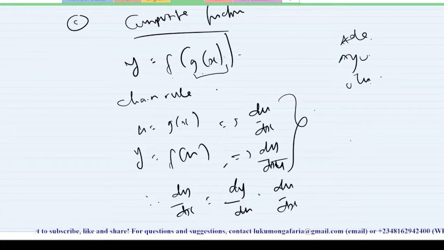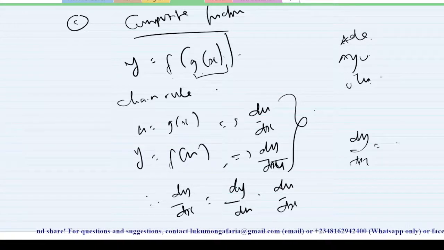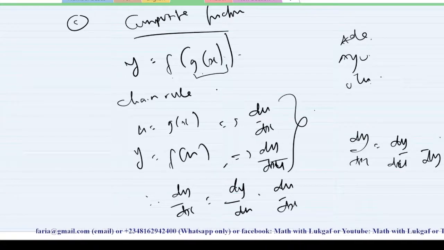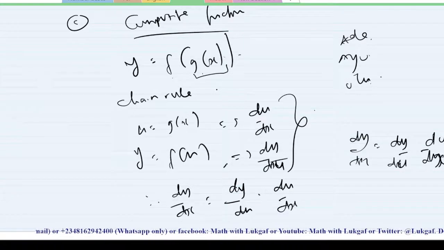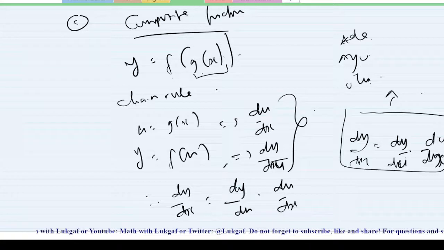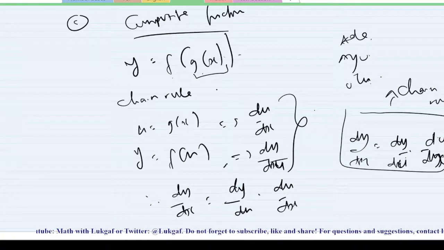You don't need to stress yourself. Just put dy here, dx here, then du. This is known as the chain rule.